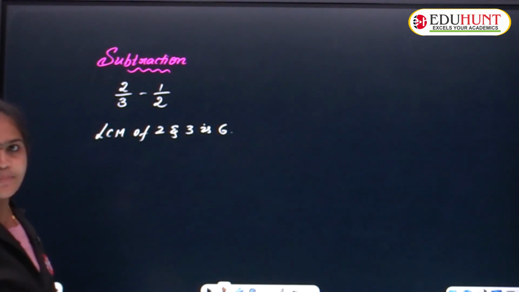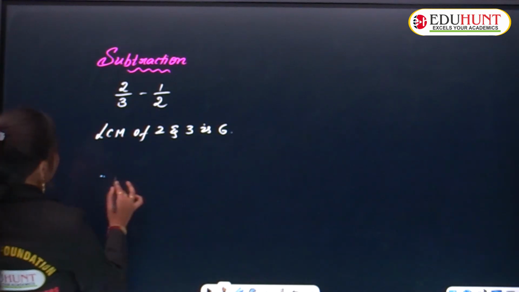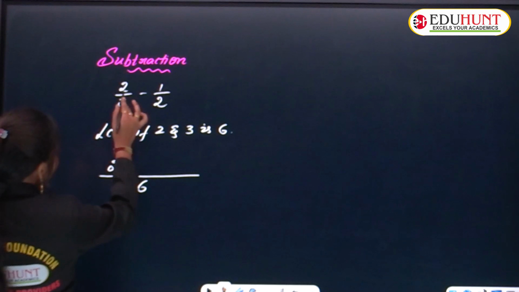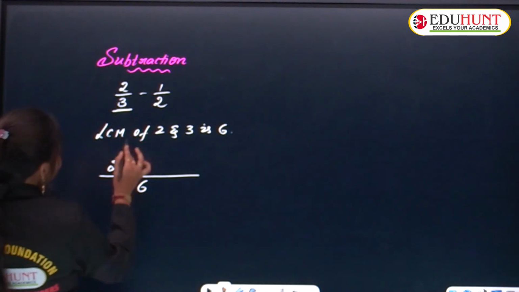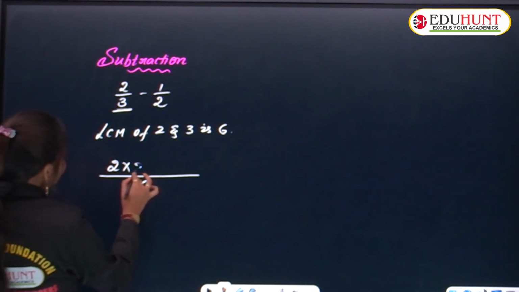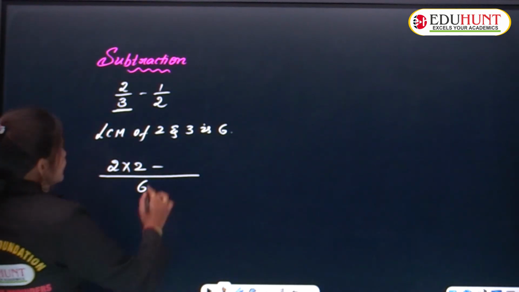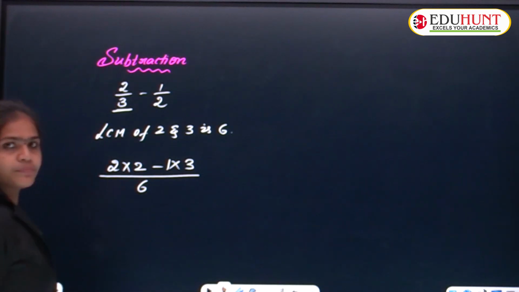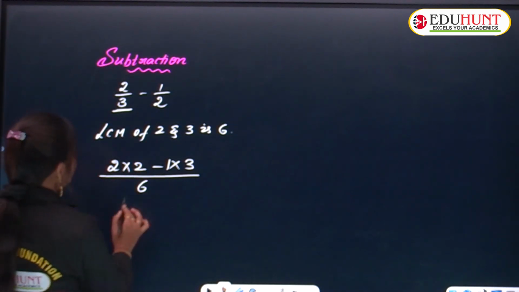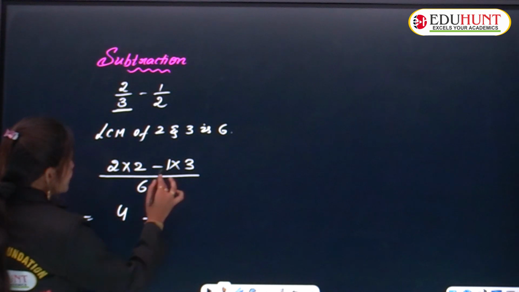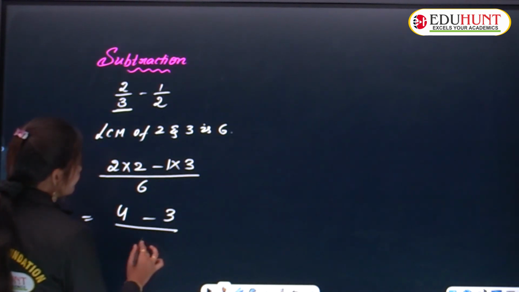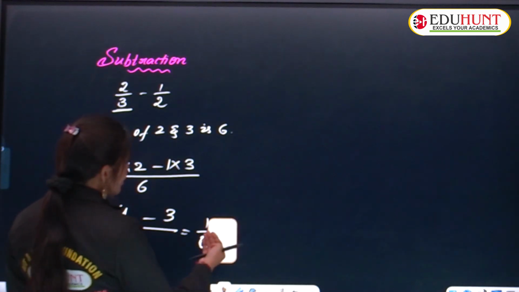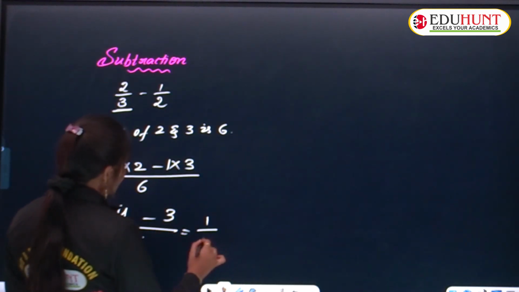That's why the LCM is 6. Now here the LCM is 6 and the first numerator is 2. 2 multiplied by 3, since 2 threes are 6, minus 1 into 2, since 2 threes are 6. Clear? Yes. 2 twos are 4 minus 1 into 3 is 3 by 6, which is equal to 1 by 6. How much? 4 minus 3 is 1 by 6.